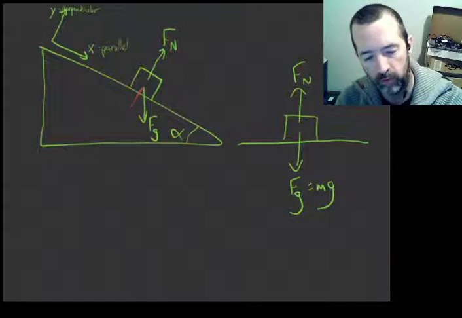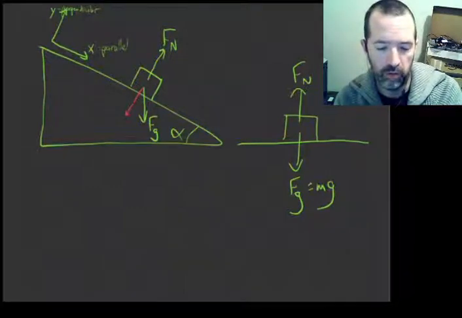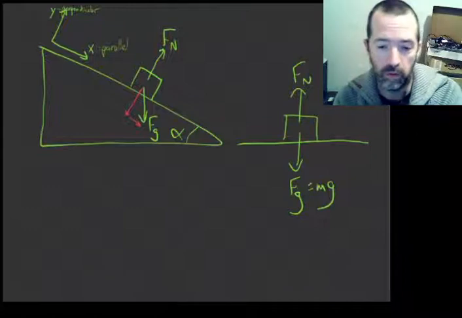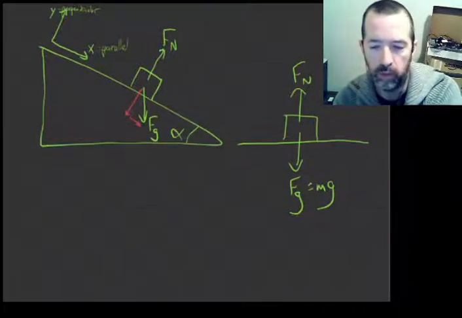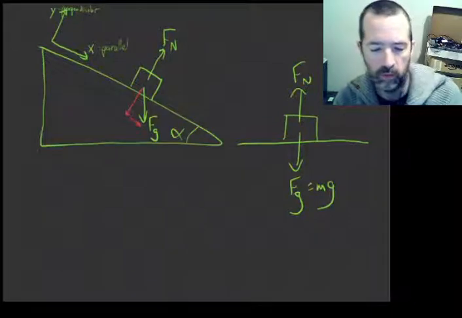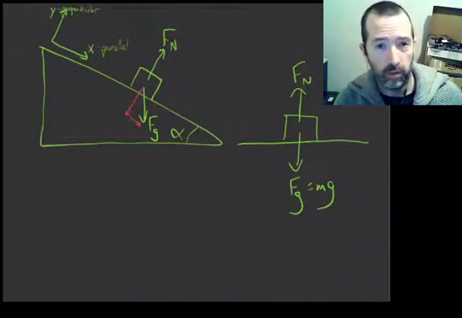I'm going to draw in red to distinguish my components from the original vector. But those are the components that I need. There's a right angle between them. So this makes a right triangle, just like the components for any vector make a right triangle.